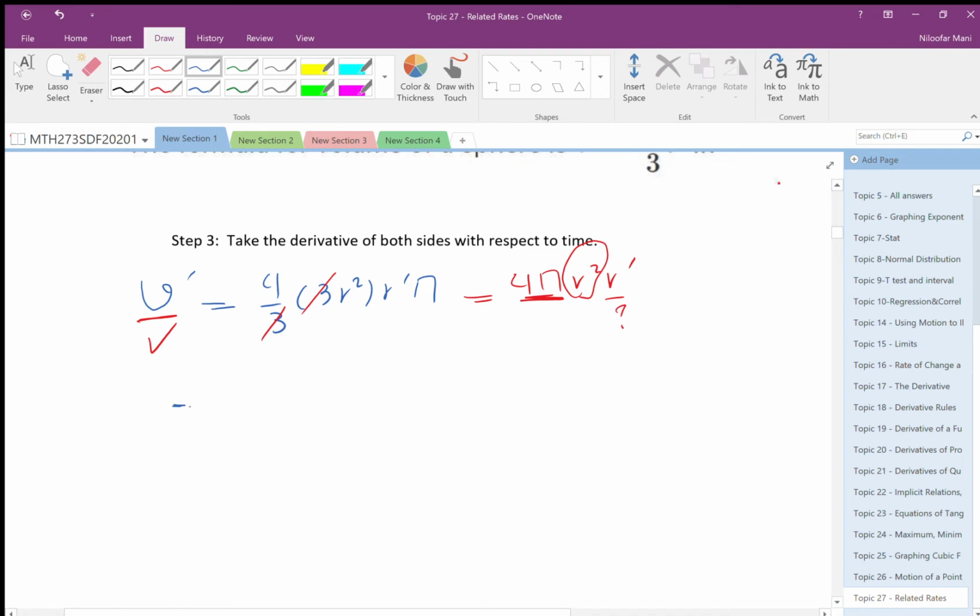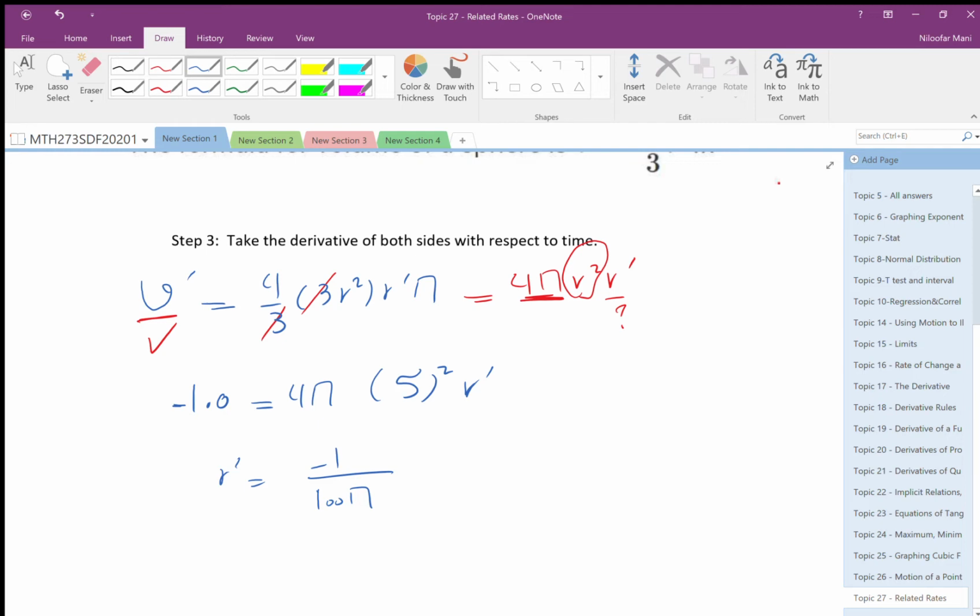So here is -1 equal 4 pi 5 squared, because it's given to me from the question, r prime. And r prime is -1 divided by 100 pi. When I see minus, I know it's decreasing. So the answer is 1 divided by 100 pi.